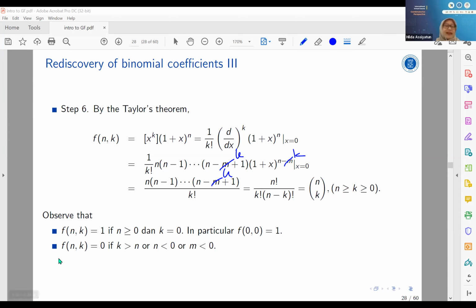And f(n,k) equals 0 if k is greater than n, or n is less than 0, or k less than 0. It sounds good, this observation.